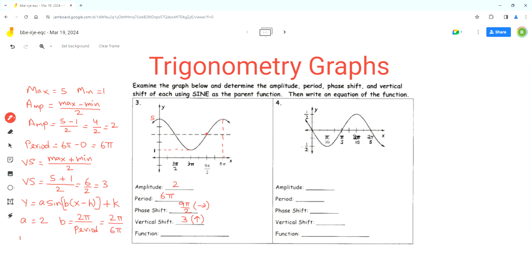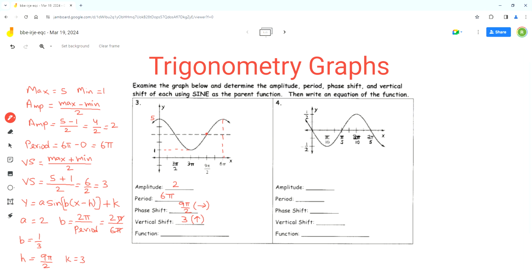So b is equal to 2 pi over 6 pi, which can be reduced to 1 over 3 because the pi's cancel each other out, and 2 over 6 reduces to 1 over 3. The h value represents the phase shift. So h is equal to positive 9 pi over 2 because the phase shift is to the right side. And k represents the vertical shift, which is equal to positive 3 because it's in the upward direction.